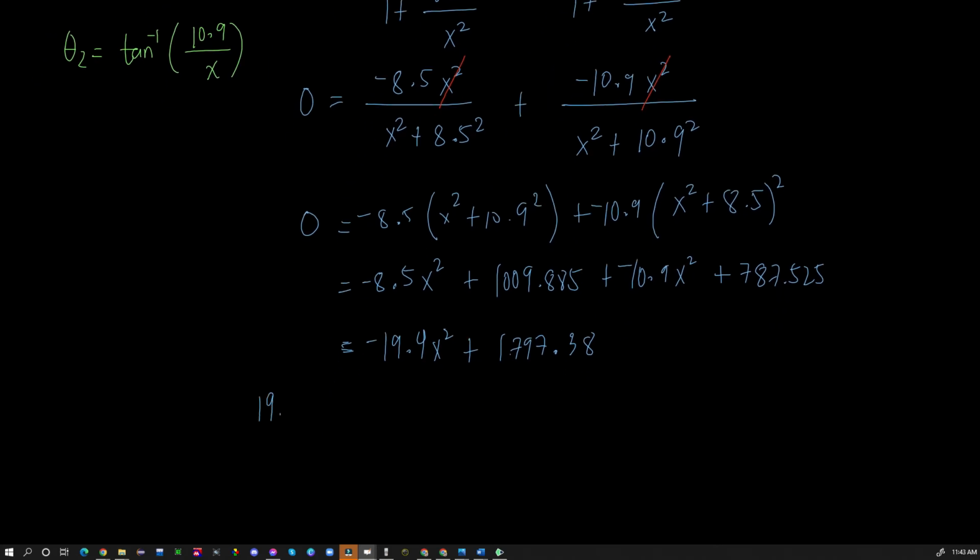So we have 19.4x squared is equal to 1797.38. So divide by 19.4.